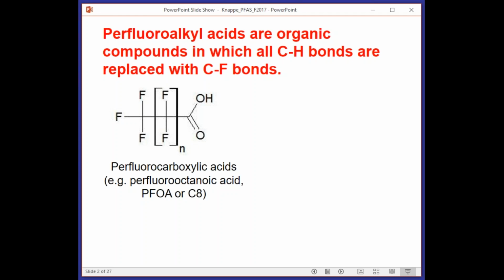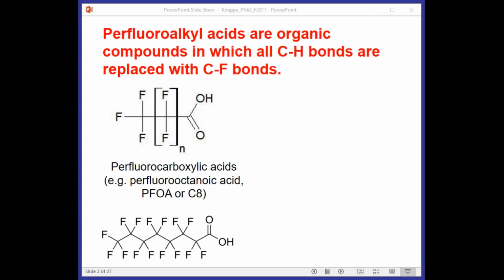These are compounds that have a fully fluorinated carbon backbone, and at the end they have a COOH, or carboxylic acid, group. And here I'm going to show the structure for PFOA, which has been a well-studied compound, sometimes also called C8, and the structure is shown here.